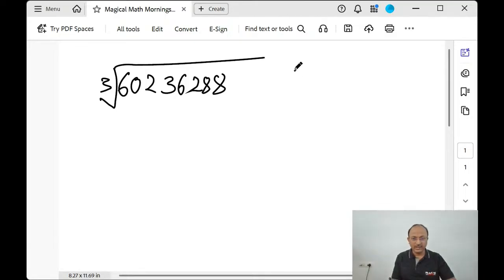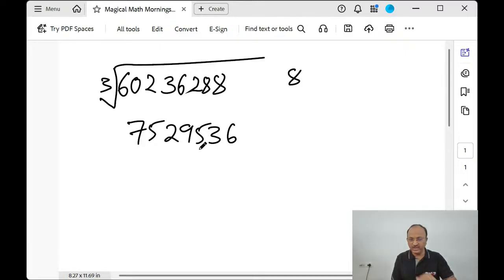Directly take one 8 and write its division, correct no? 6 5 2 9 5 3 6. We got this. Further it is divisible by 8.